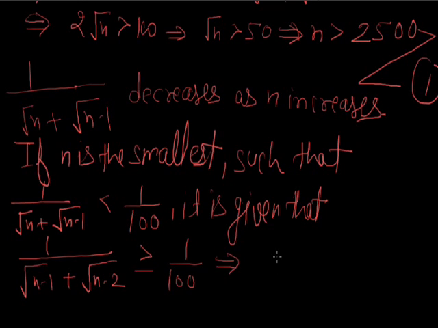That is, root n minus 1 plus root n minus 2 is less than or equal to 100.